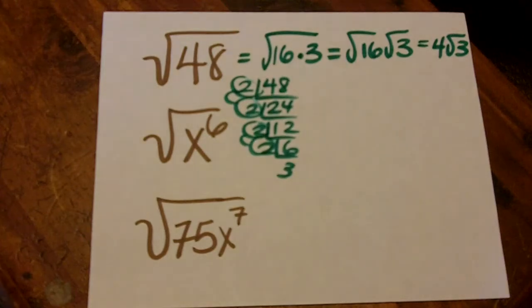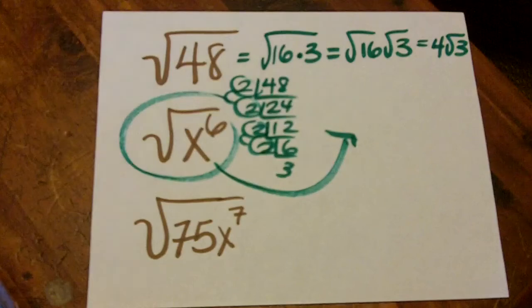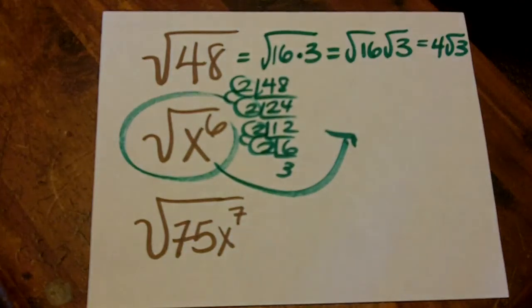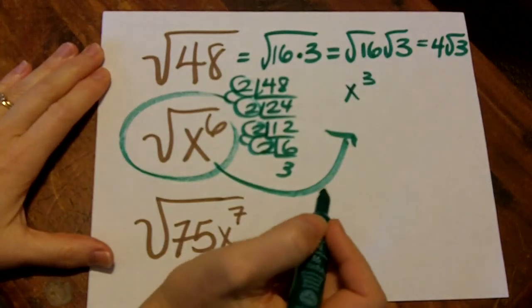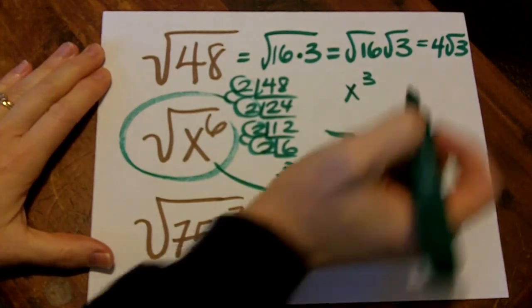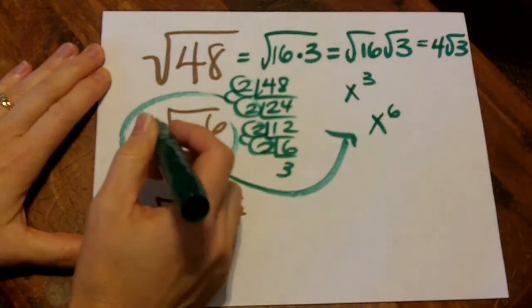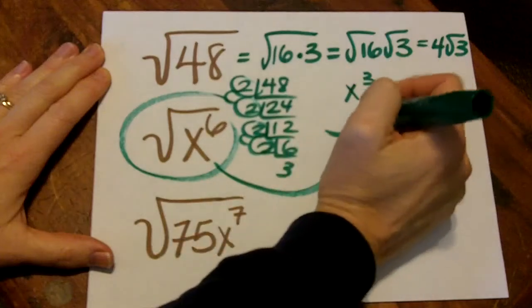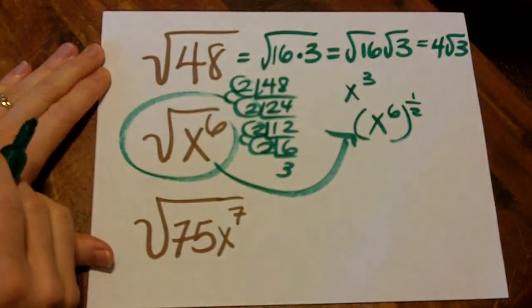Now look at the square root of x to the 6th. Mentally, if you just always divide the exponent in half, you would get x cubed outside. If you need a little Sir Isaac Newton to help you, then you can think of it like this: the square root of x to the 6th is the same thing as x to the 6th raised to the half power.